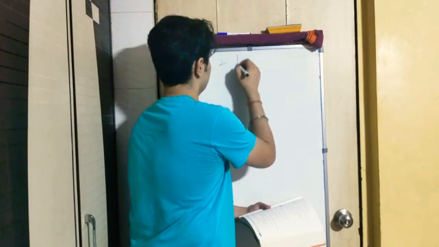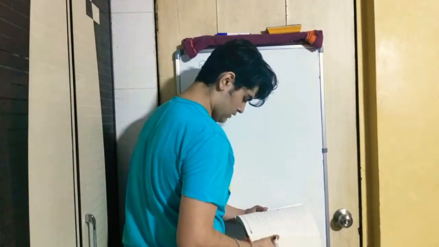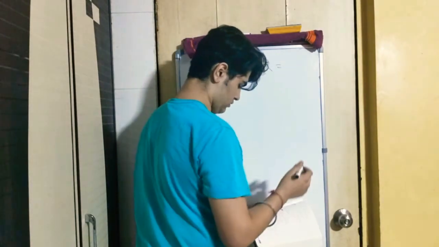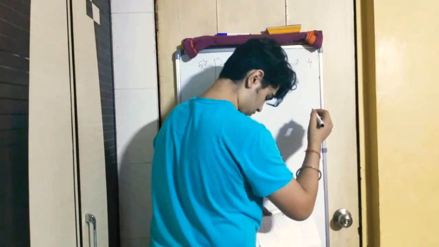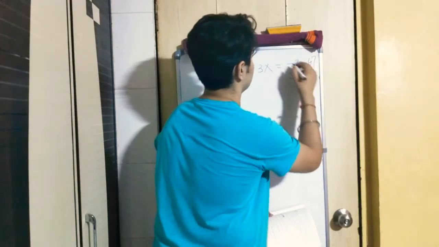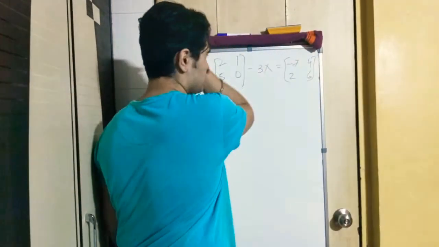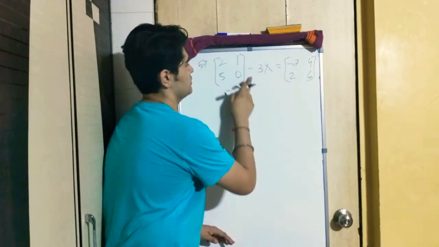Here we are given an equation: [2, 1; 5, 0] minus 3x is equal to [-7, 4; 2, 6]. So in this one, if you want to make this as positive, you have to take this here and this here.